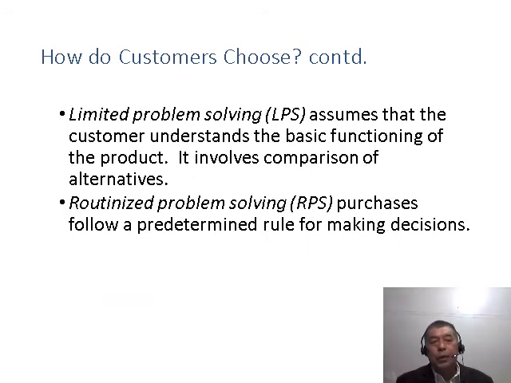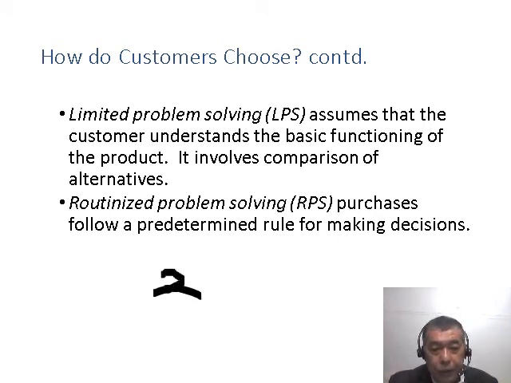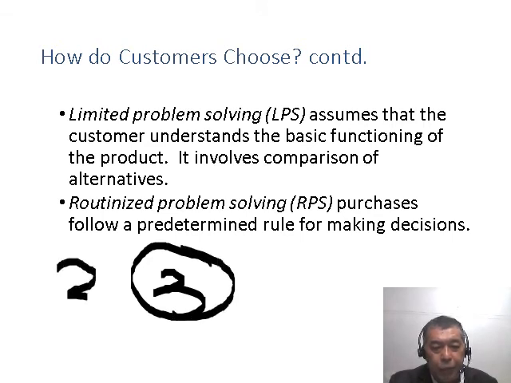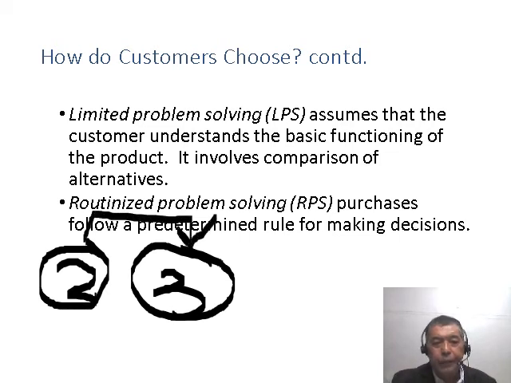There is also limited problem solving. It assumes that the customer understands the basic functioning of the product, the functionality or performance of the product. It involves comparison of alternatives, which is in the third stage of the consumer buying behavior after the search for information. So the choices will be here, and they want to compare apples to apples, oranges to oranges, grapes to grapes.